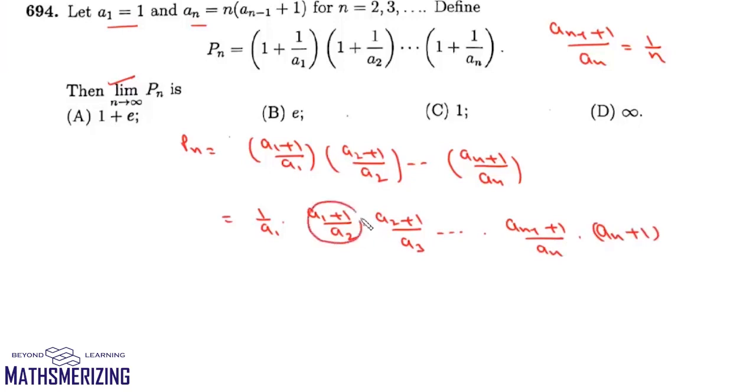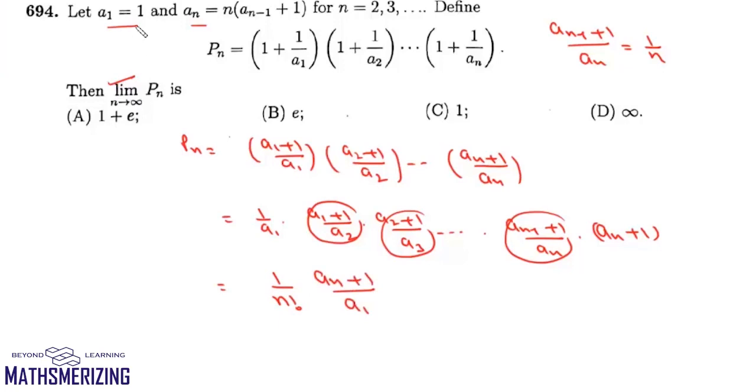Now this is 1 by 2, this is 1 by 3, and this is 1 by n. So we can write this as 1 upon factorial n, an plus 1 upon a1.